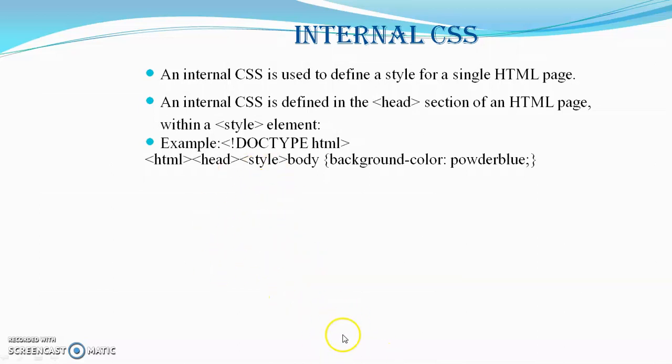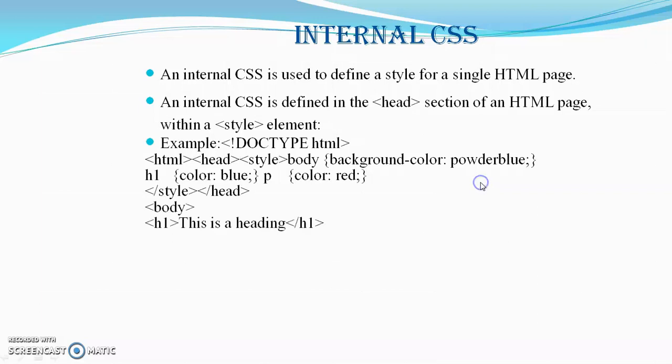That is background color powder blue, h1 color blue, p color red, style tag and head tag and body h1. This is a heading which is displayed in powder blue color. P, this is a paragraph which is displayed in red color. Slash body slash HTML.